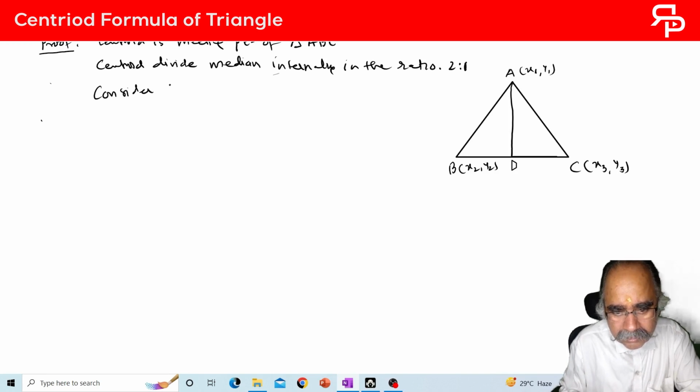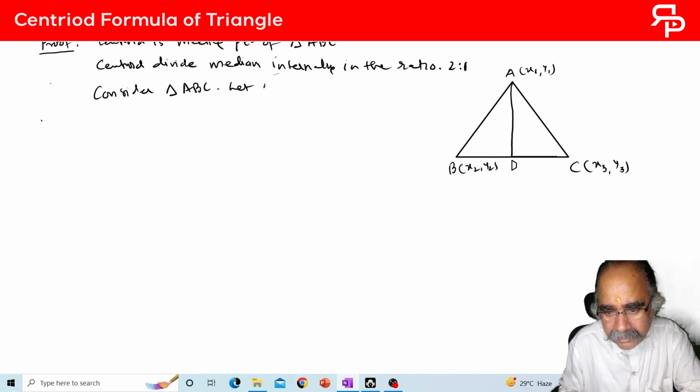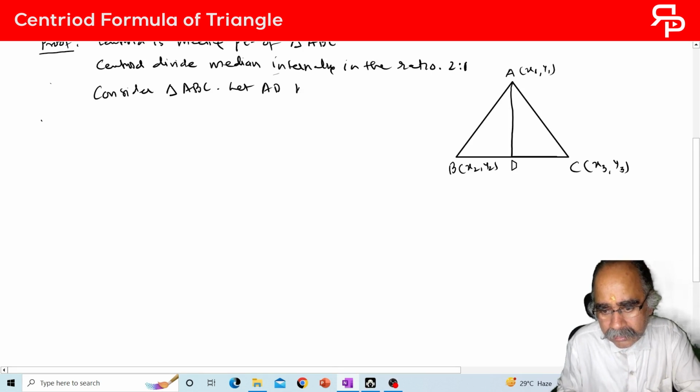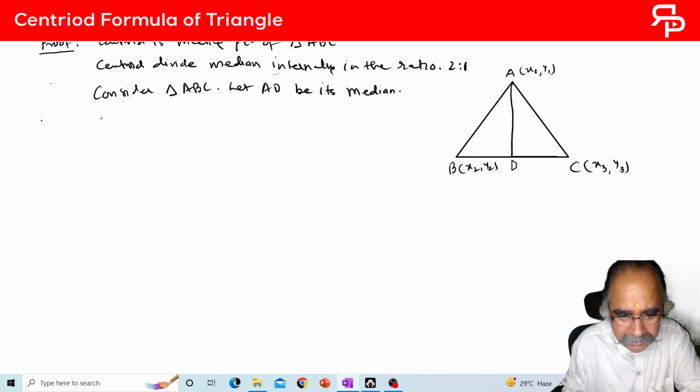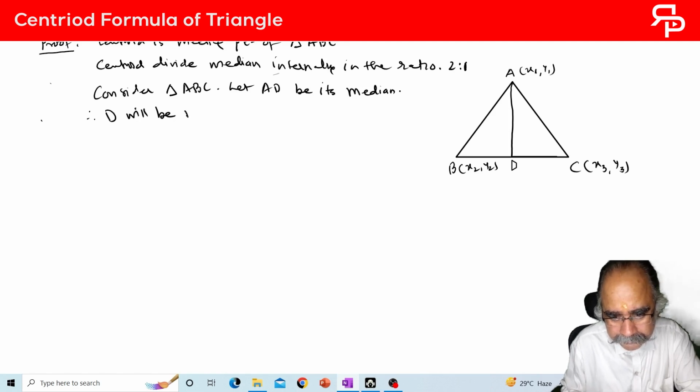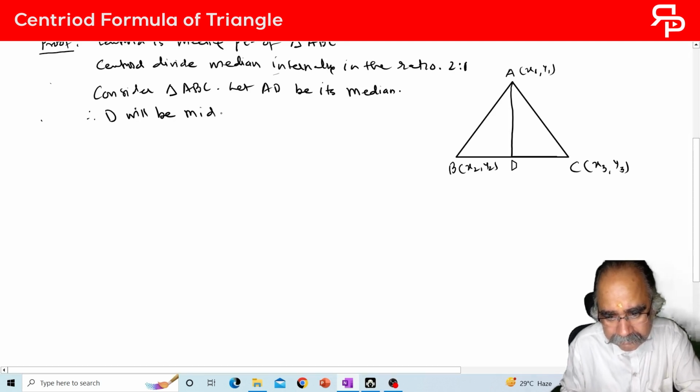Consider triangle ABC. Let AD be its median. Therefore, D will be midpoint of side BC.